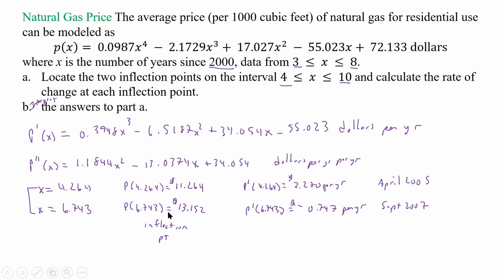It was decreasing most rapidly in September of 2007. Its price was $13.15, and it was decreasing by $0.747 per year, so the negative.